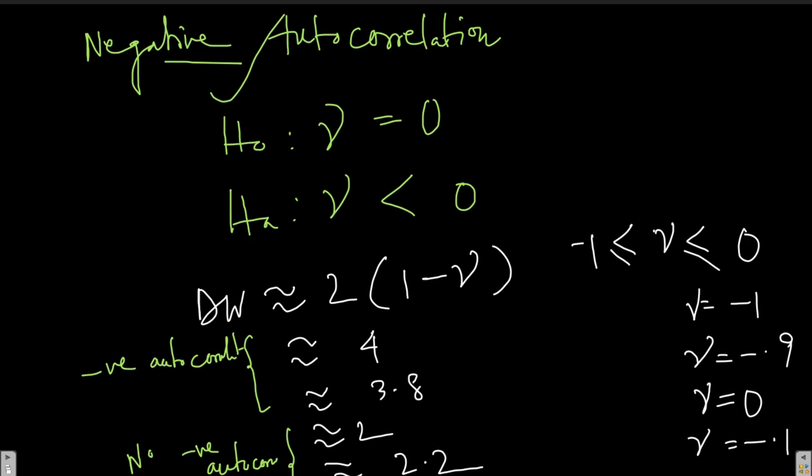We'll again use the same sort of decision rule to decide whether there is a negative autocorrelation or not. Similar to the positive autocorrelation, here also we have the DU and DL, which you will get, and this is created by Durbin-Watson based on the number of explanatory variables as well as sample size.